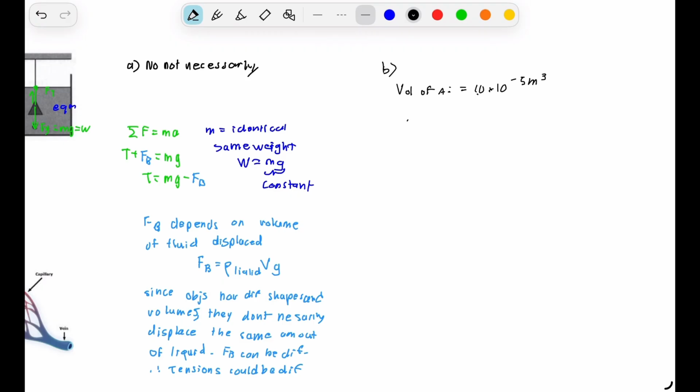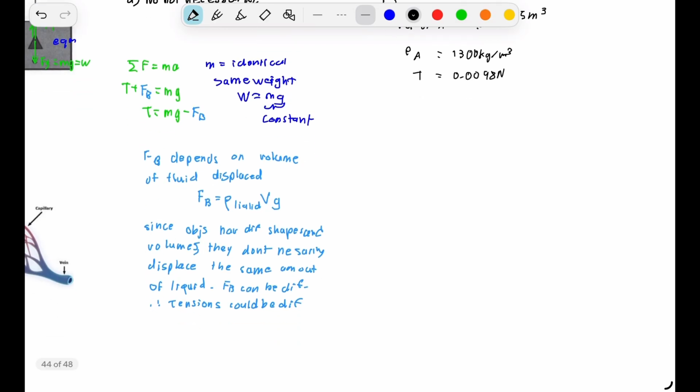The density of A is equal to 1,300 kilograms per meter cubed, and the tension is equal to 0.0098 newtons. So we're going to use our equilibrium from before, which was T plus FB equals mg. If we solve that for FB, it's equal to mg minus T.